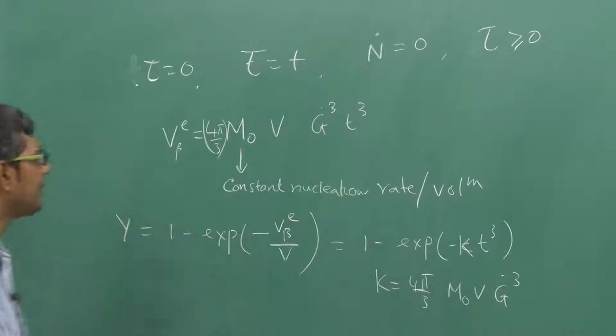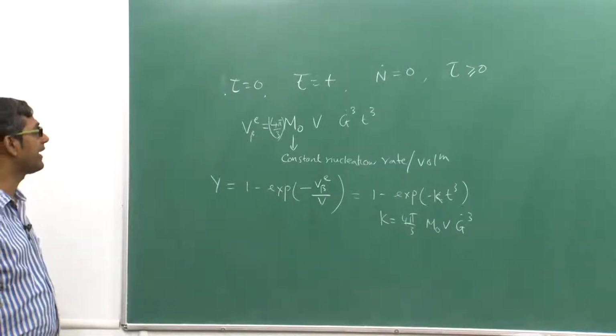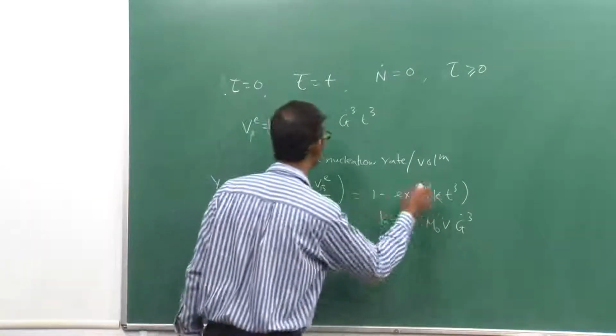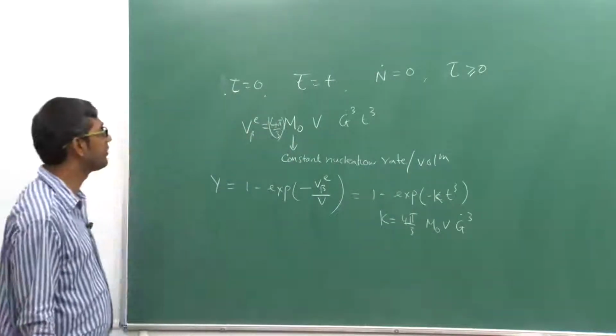Okay. So, this is one situation in which nucleation has no role to play, that is why N dot is not present anywhere in the equation. It is only G dot which is determining the things.